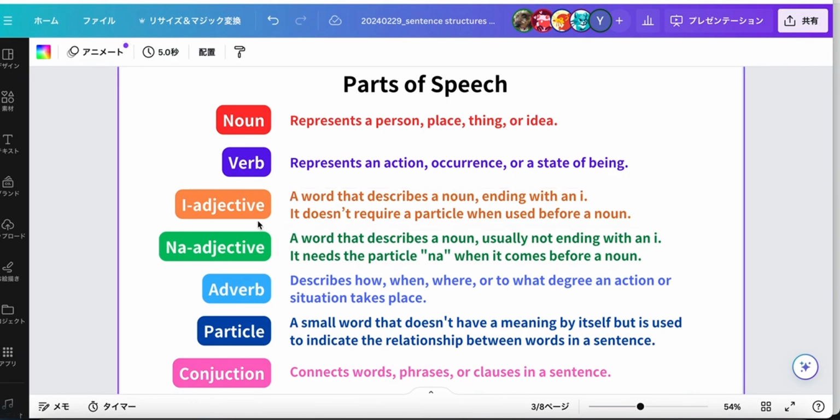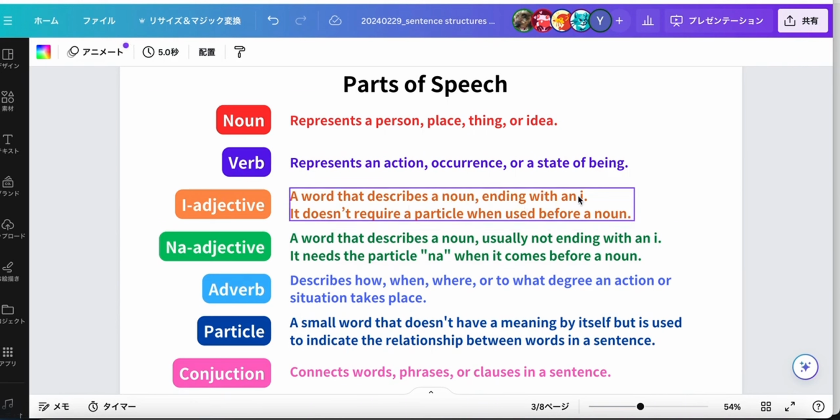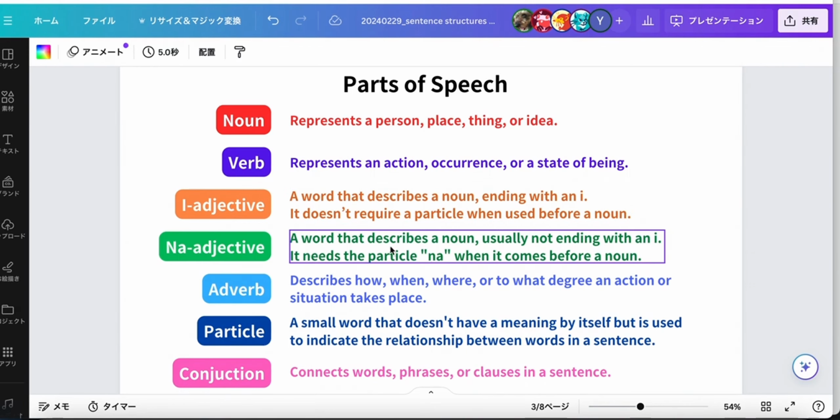An i-adjective usually ends with an i. And it doesn't require a particle when it's used to describe a noun. It comes before a noun. But na-adjective, this is also an adjective, so it describes a noun, like big, small, but usually not ending with an i sound.